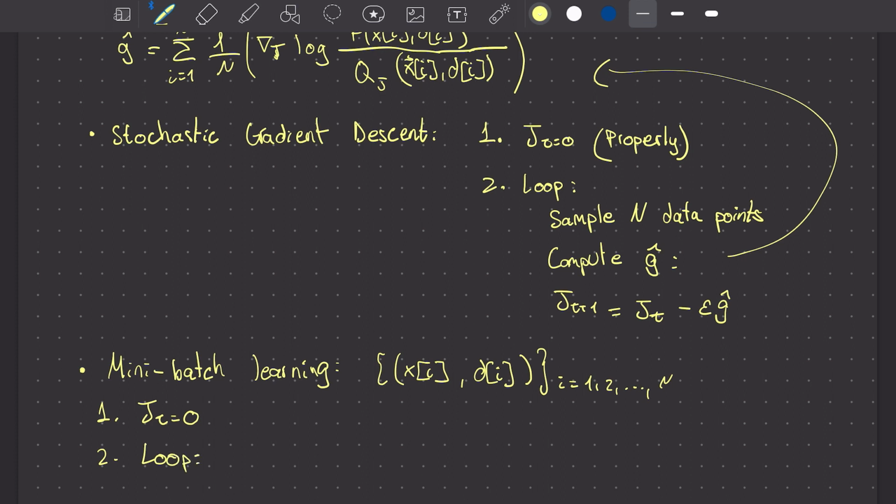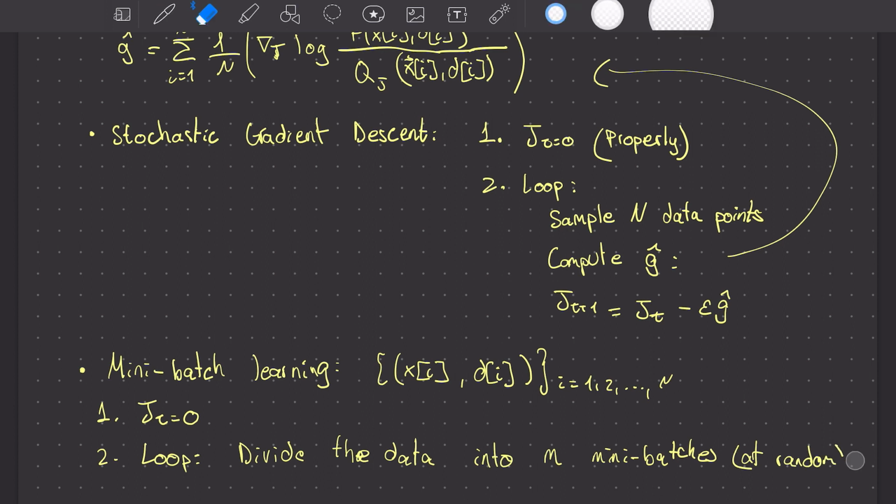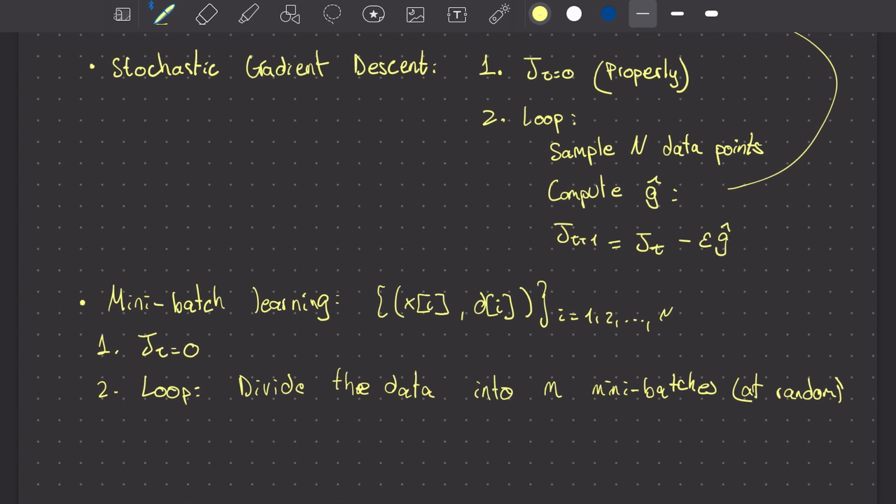The first step in this case is to divide the data into, let's say, m mini-batches at random, with no two points shared.